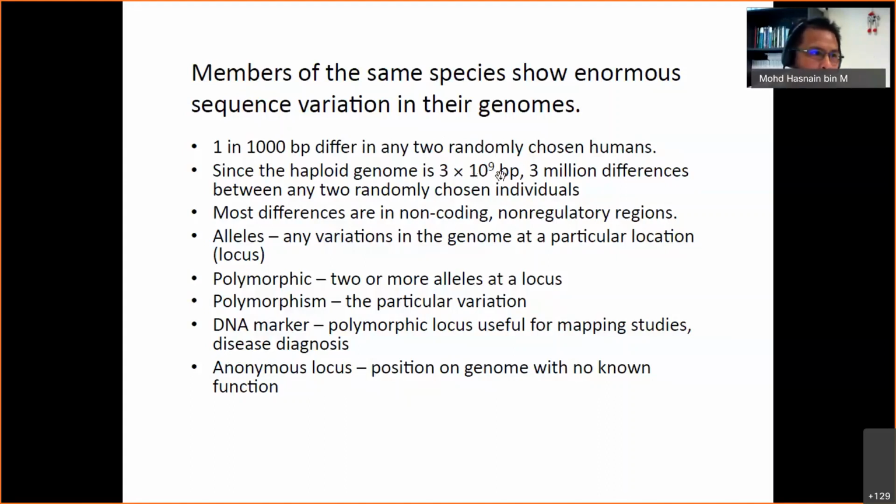So the human genome in a haploid form is 3 billion base pairs.